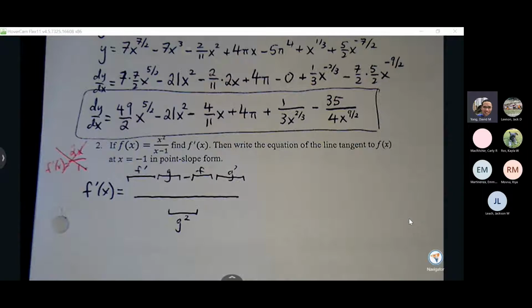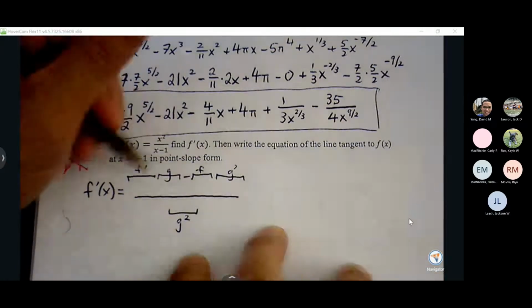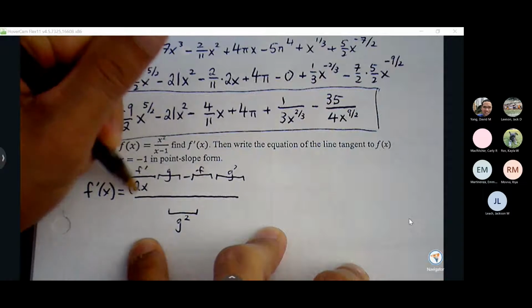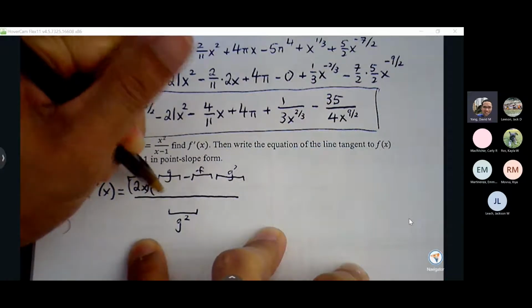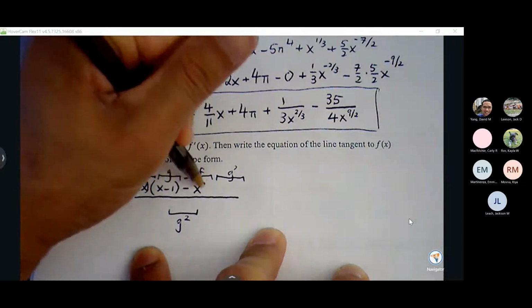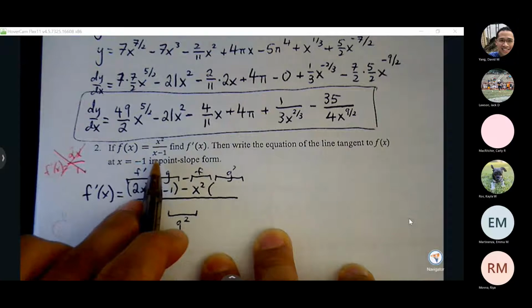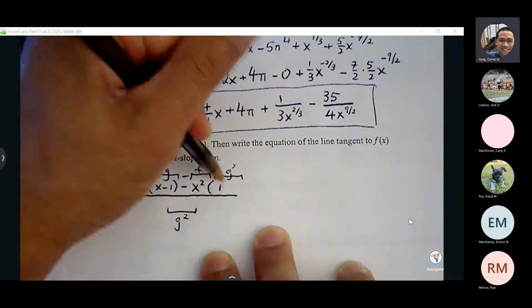F prime g minus f g prime all over g squared. Okay, f prime is 2x. Back to g function. Back to f. G prime is 1.